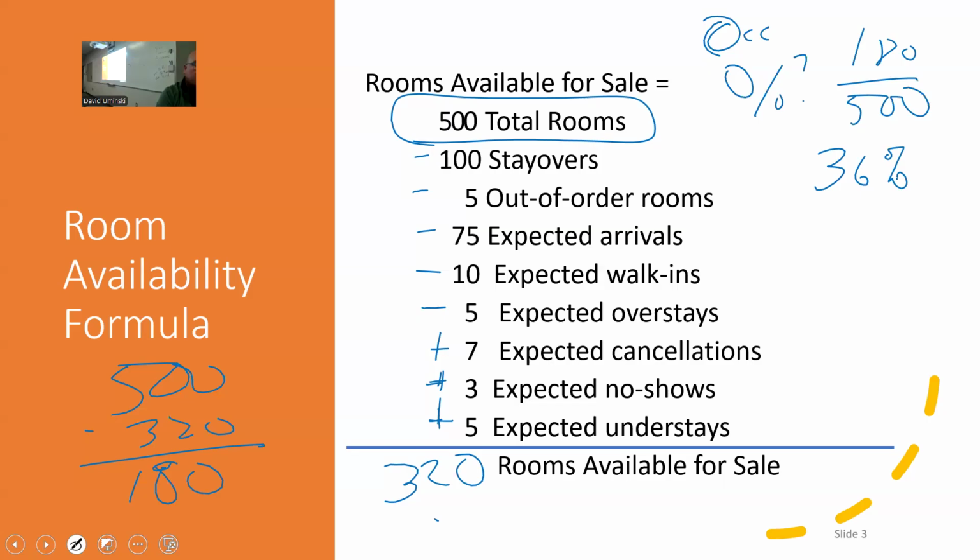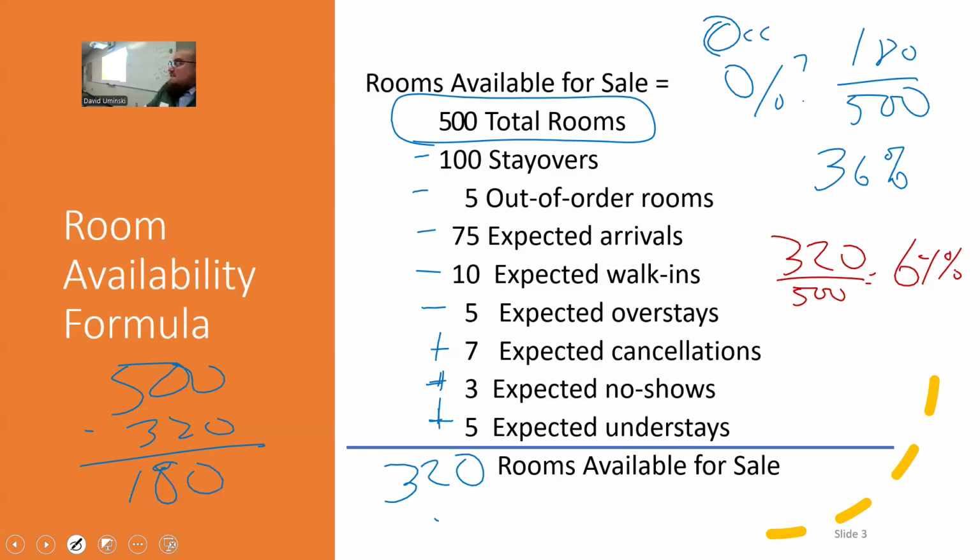That's one way. We could do Alondra's way: 320 divided by 500, and that's going to give us 64%. Sorry, 64% of our rooms are still available. So if 64% of our rooms are still available, then the other part, the 36%, is occupied.